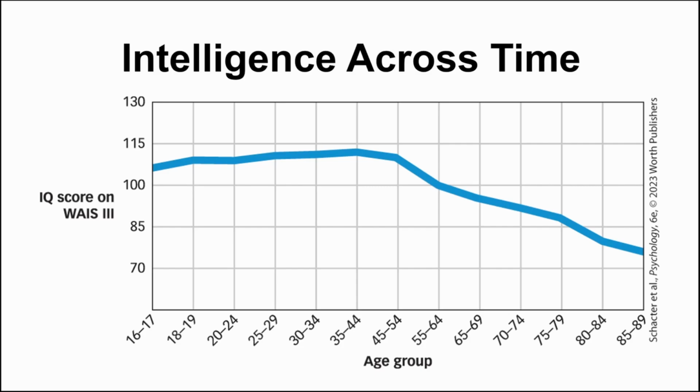But as we've said before, the environment can end up being a very protective force where if we have individuals who, even into old age, spend a lot of time interacting with others, they do their crossword, they travel, they have lots of friends, having those things stimulating their brains even as they get older can actually be very protective and can mitigate a lot of that potential for deterioration across time.